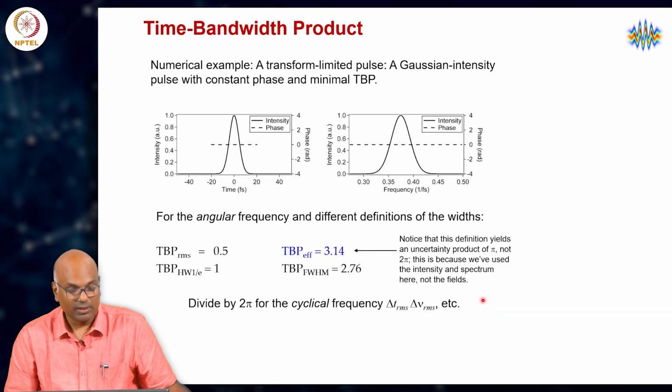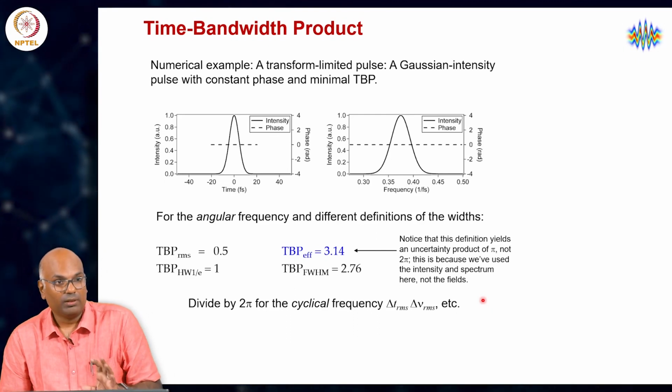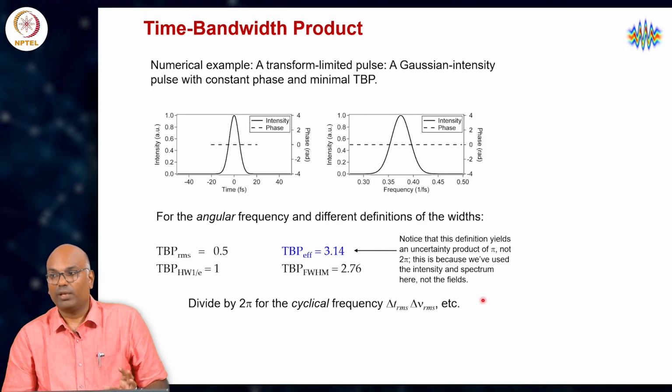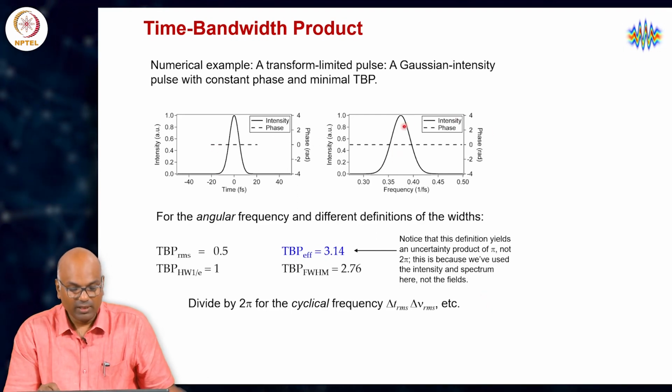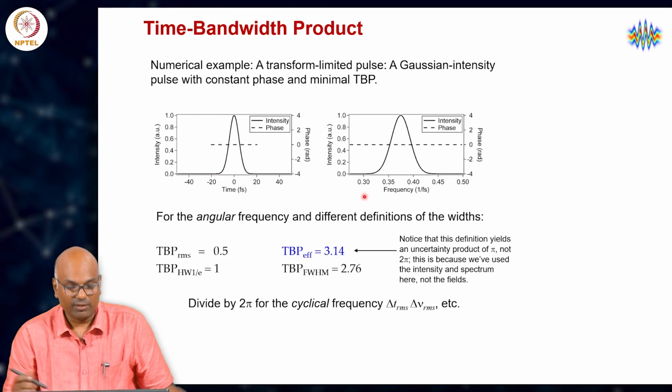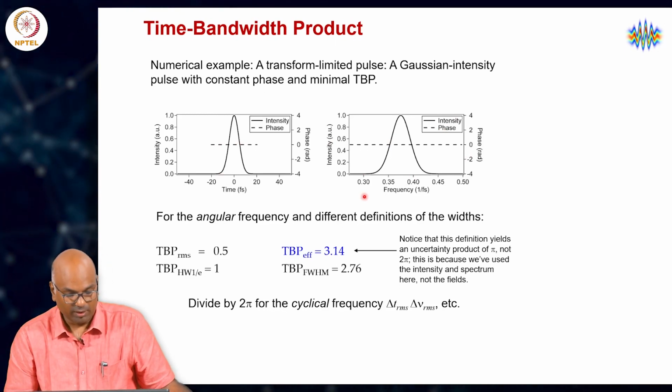Transform limited pulses, as I told you, are pulses with a flat spectral phase essentially. The neatest form of spectral phase profile that you have is flat, in which case they are best transform limited in the time and frequency domain correspondingly.